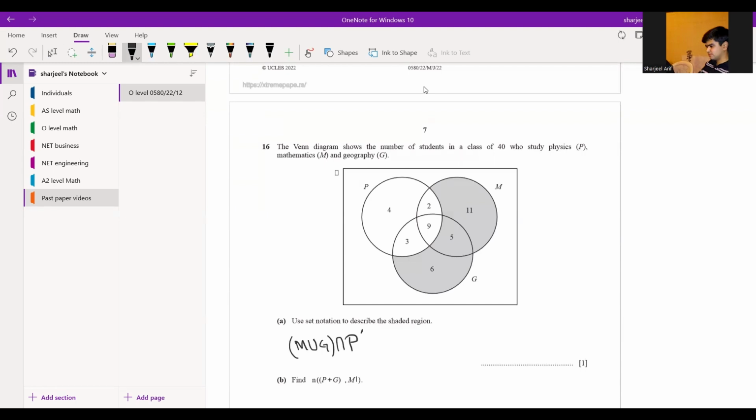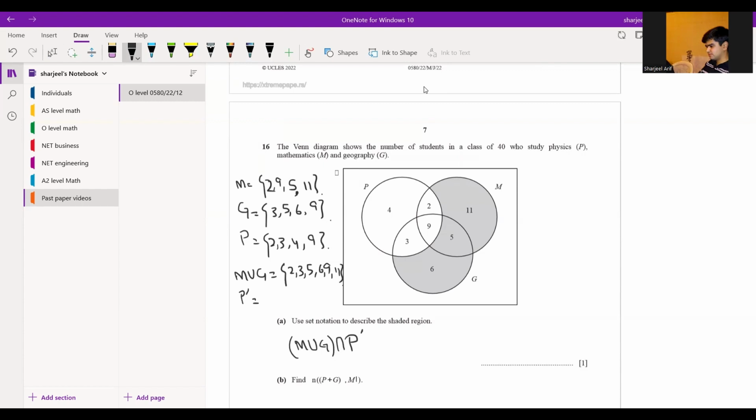If I can show you in tabular form, we have the values of M as 2, 9, 5, and 11. We have the values of G as 3, 5, 6, and 9. We have the values of P as 2, 3, 4, and 9. So M union G will be equal to 2, 3, 5, 6, 9, and 11.